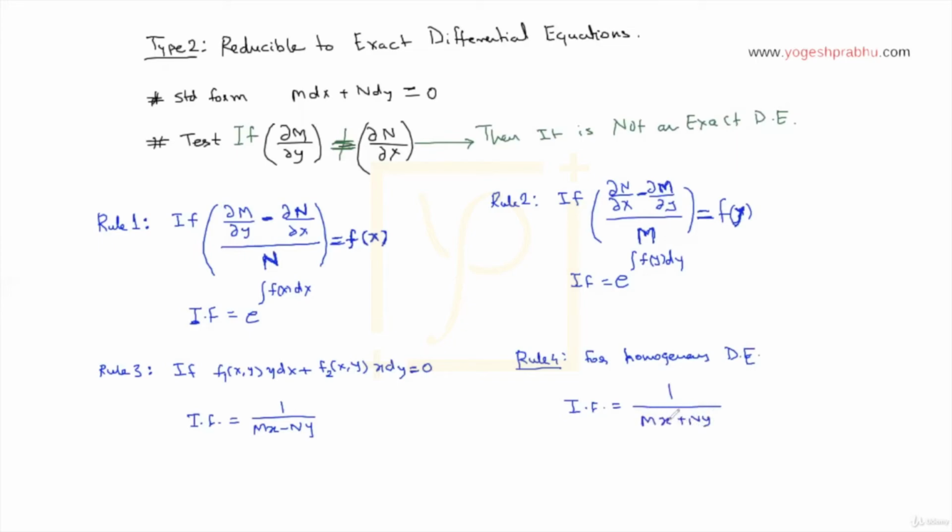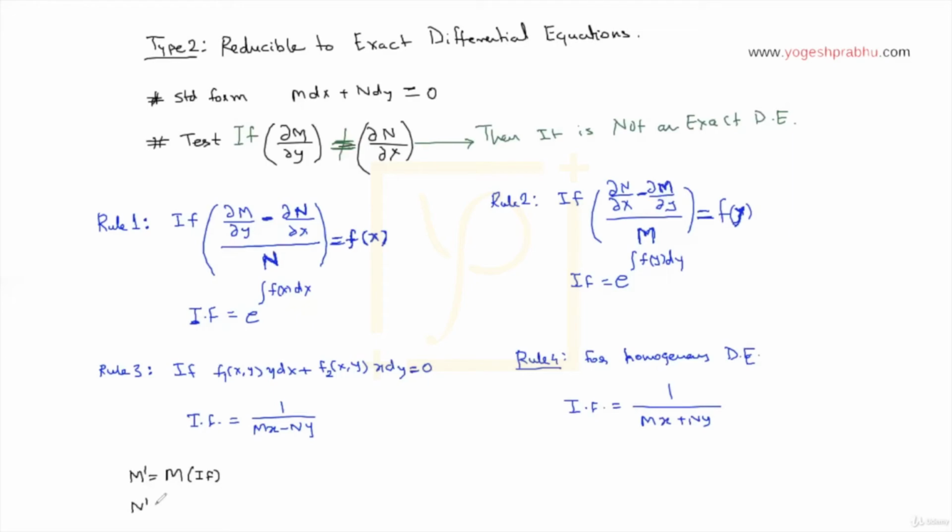I hope you can observe that in all the 4 rules, we are finding something called the integrating factor. As soon as you find the integrating factor, the next step is that we multiply M with the integrating factor IF, which can be from any rule that you're applying, rule 1, 2, 3, or 4. You simply multiply your M with IF, and the resulting answer is going to be M dash.